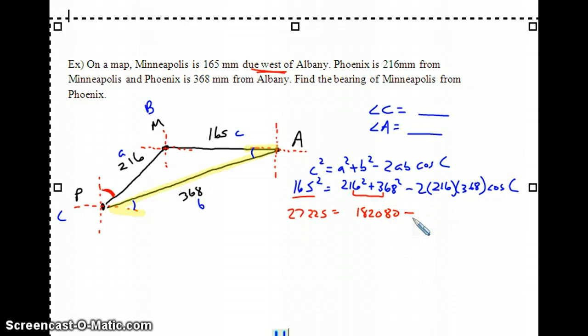And then taking negative 2 times 216 times 368, I get 158,976, and then times the cosine of C. So I'm going to move this over by subtracting it. Again, I can't subtract these two together because of the cosine of C at the end.